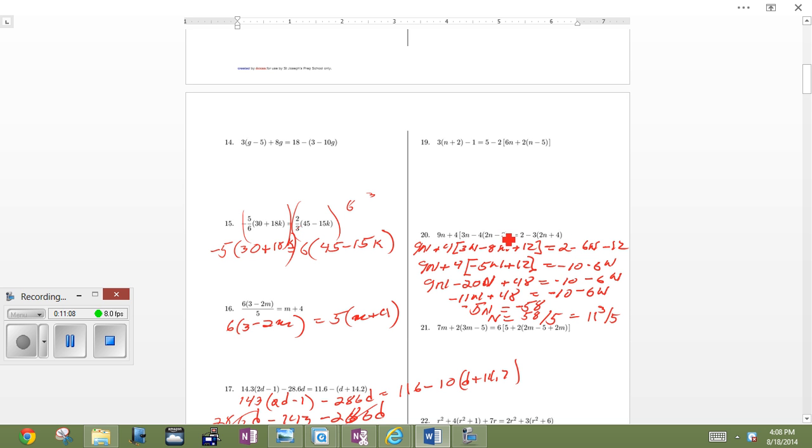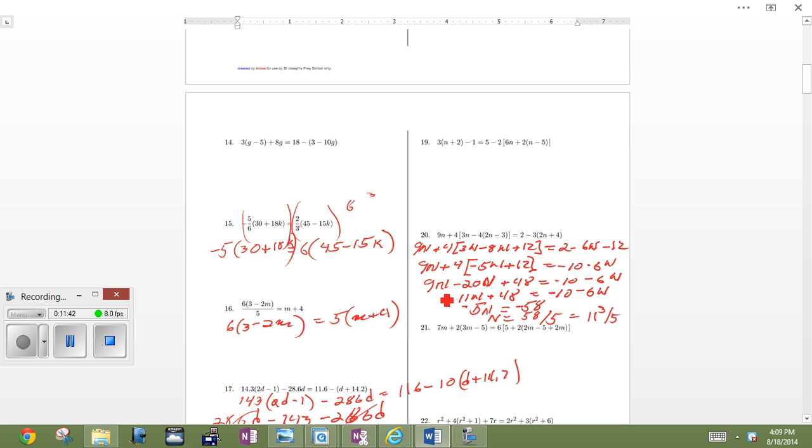Run through it again. We've got some distributing to do here. Minus 8n plus 12. Okay, because over here we've got some distributing to do. 6n minus 12. Okay, we had a couple terms to bring together here. It's negative 5n. Bring 12 down. Okay, then we had to distribute the 4. So it gives you negative 20n plus 48.